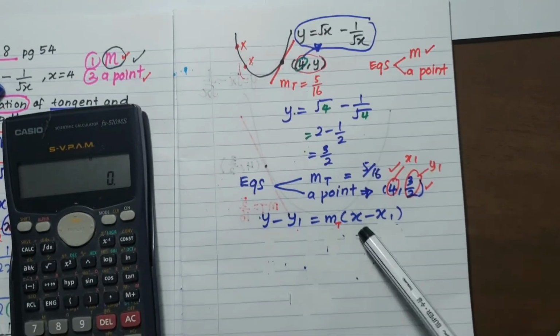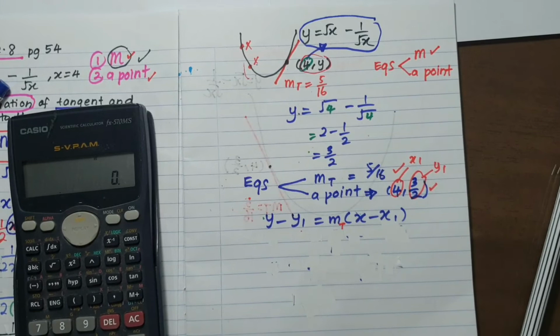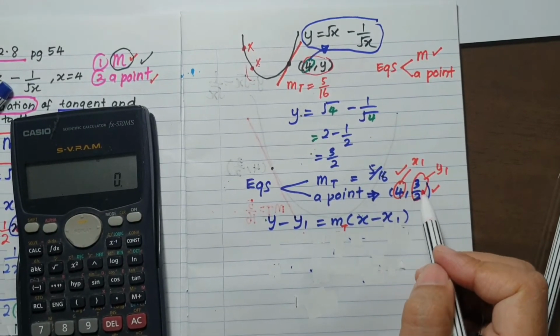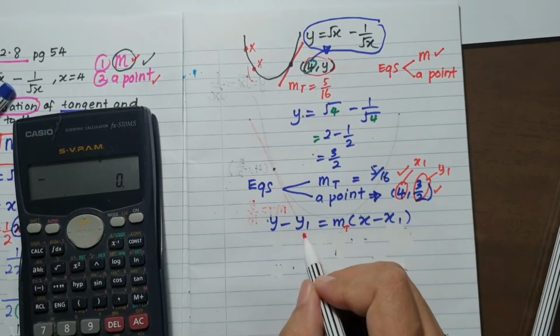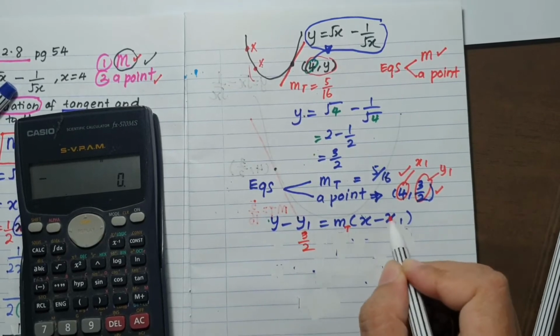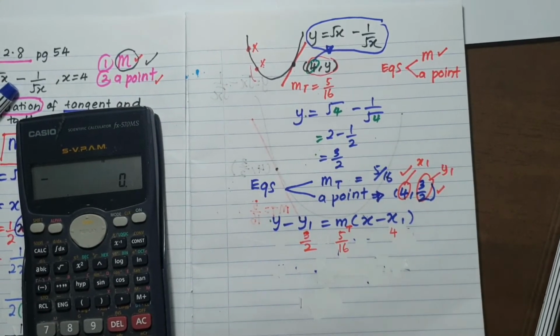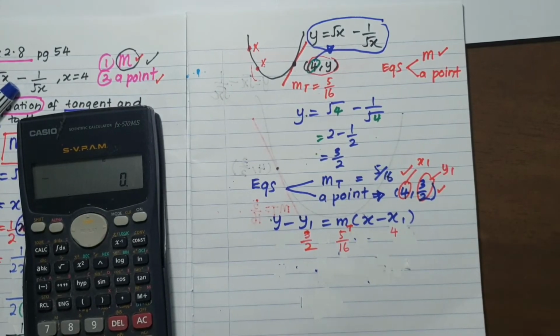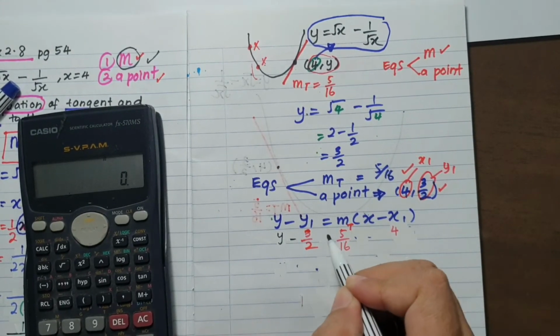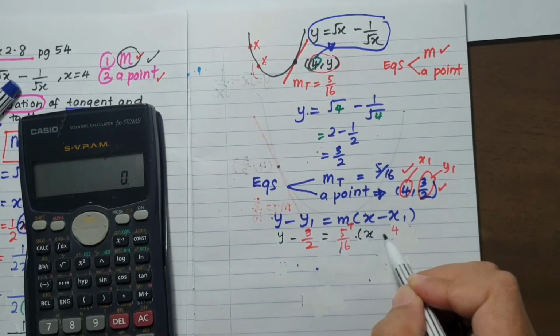Okay, so let's put in the formula. So this is your x1 and y1. So y1 is 3 over 2, x1 is 4, right? Gradient is 5 over 16. Okay, put in y minus 3 over 2, x minus 4.